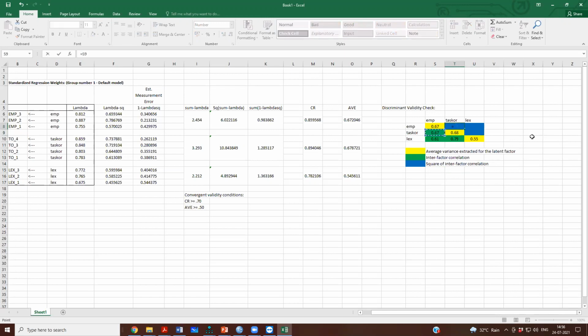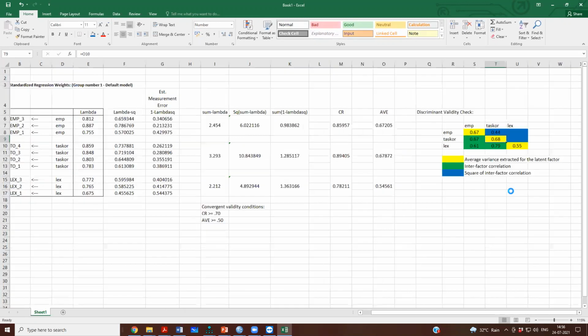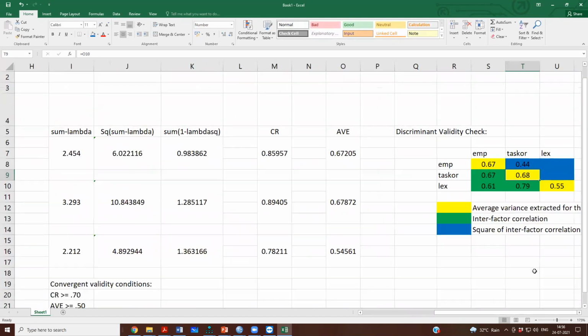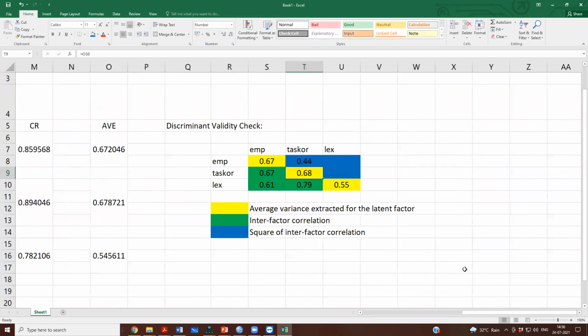So this multiplied with this is the number 0.44. Then you have EMP with LEX, so the correlation is 0.61 multiplied with 0.61.